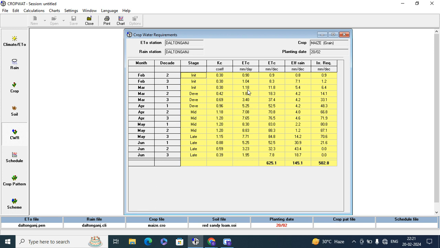Now the most important thing is that here, the name of the month has not been mentioned just once. Here we have categorized the month. For example, the month of February has been mentioned two times. It means if there are 28 days in February, you can directly segregate that month into two halves, maybe 14 and 14, maybe 14 and 15. Based on that, we have categorized this one.